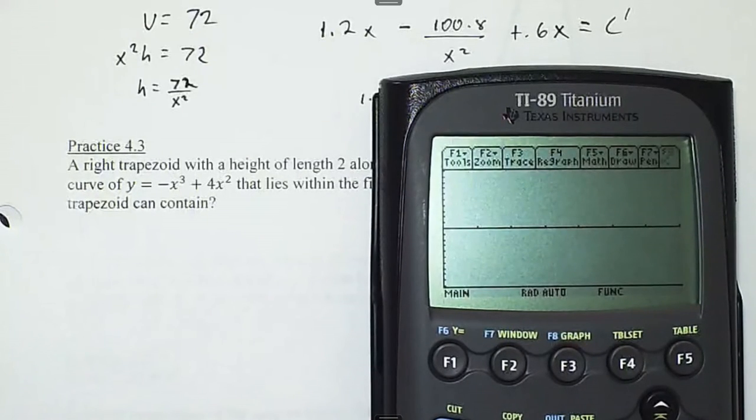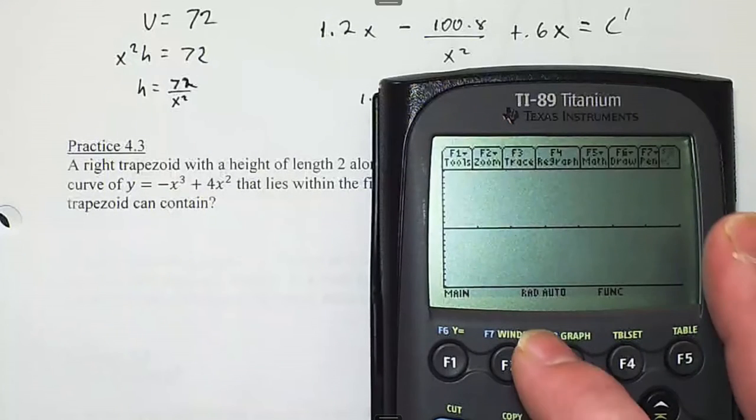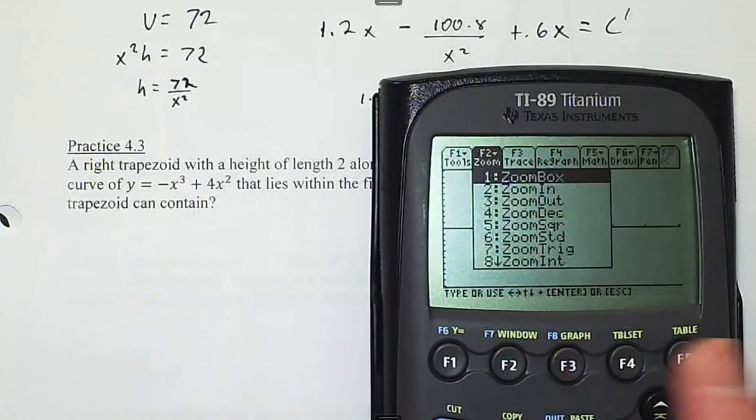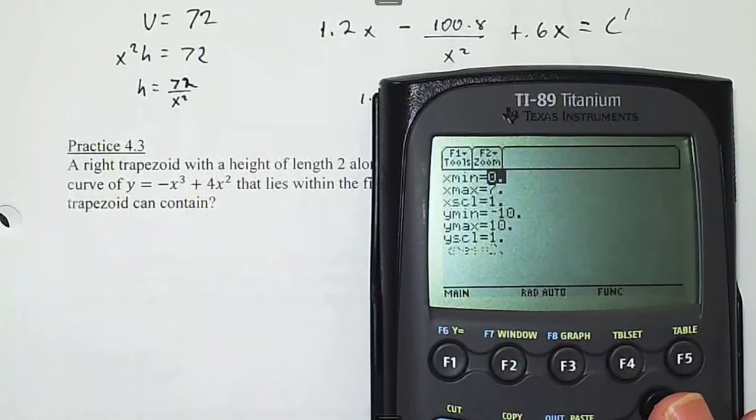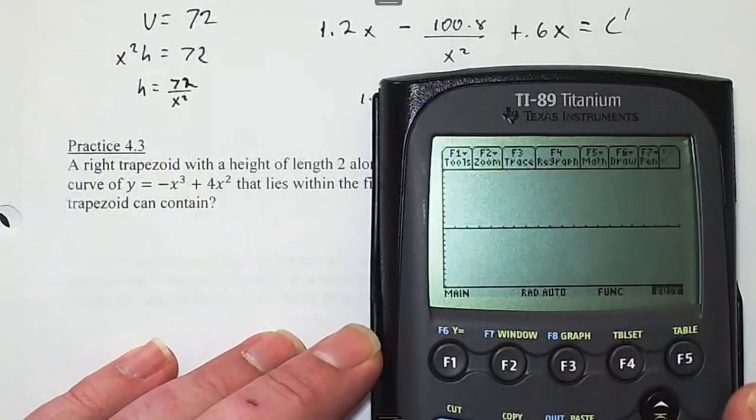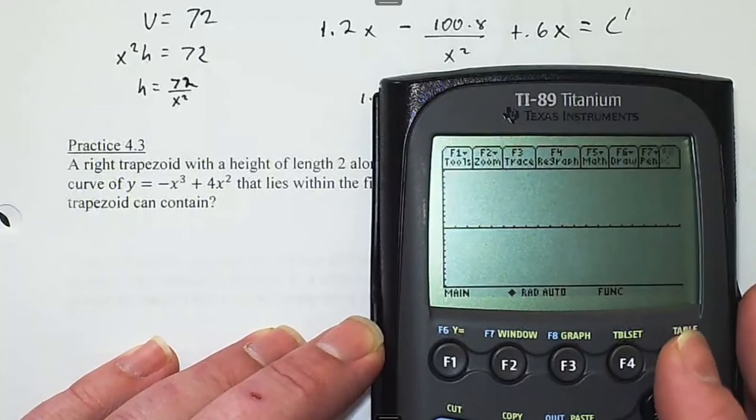I did not set a very good window, though. Let's do F. Let's see here. I would say like maybe x could be as big as 20. I don't know. Let's take a look at our table, actually. That'll help.